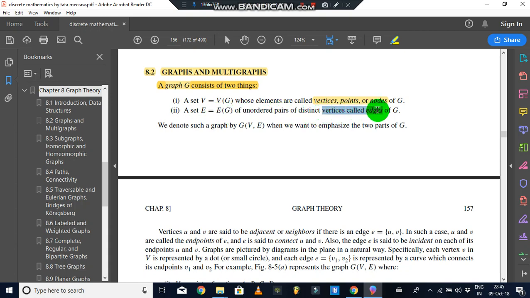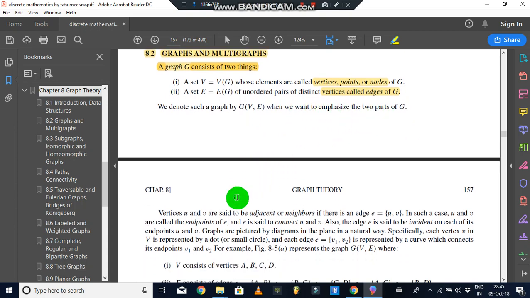Just remember this. We denote such a graph by G equals G(V, E), an ordered pair of vertices and edges, when we want to emphasize the two parts of G.